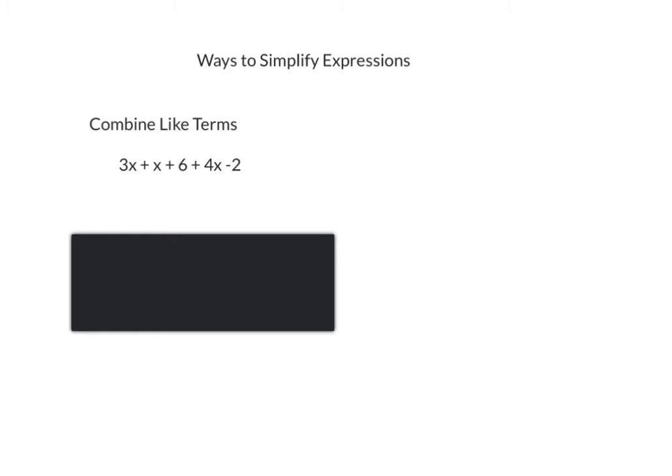One of the ways that we could simplify expressions was to combine like terms. I have an expression here for you, 3x plus 6 plus 4x minus 2. Which expression would be an equivalent expression after you combine these terms?